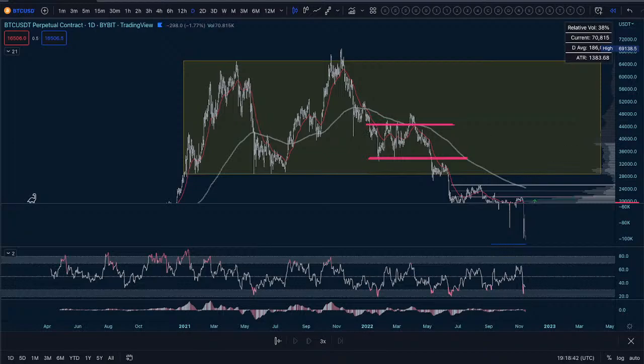For example, you're expecting this range to break down at some point, because the underlying trend is down. So I'll probably go for a short bot here and sell all the way up and then take profits all the way down.